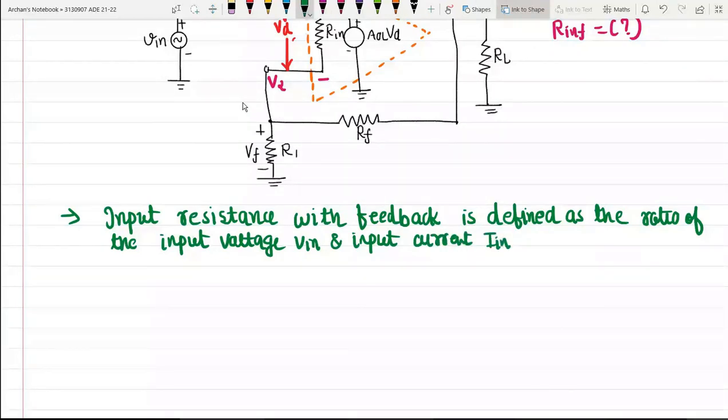So ultimately we need to find this particular ratio, and that is what our input resistance is.